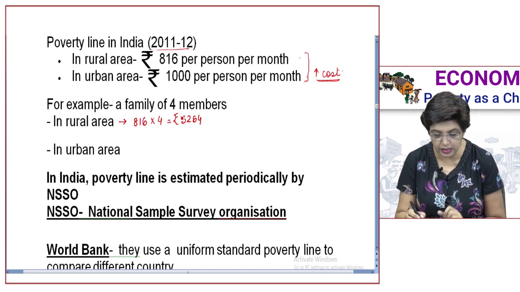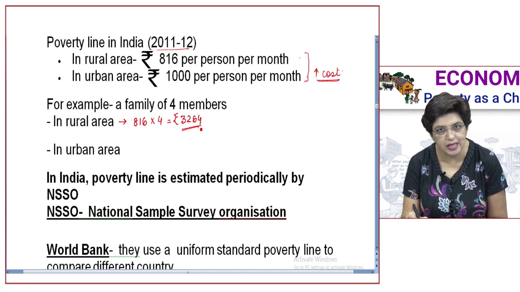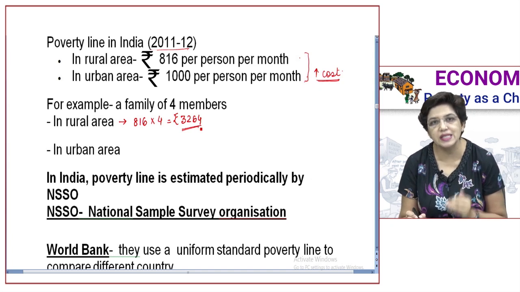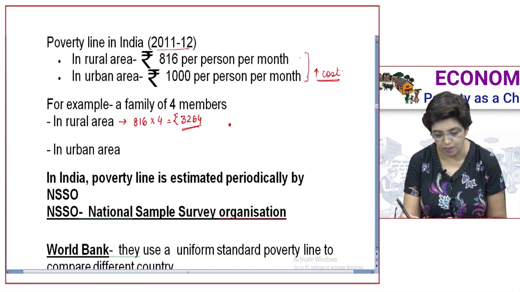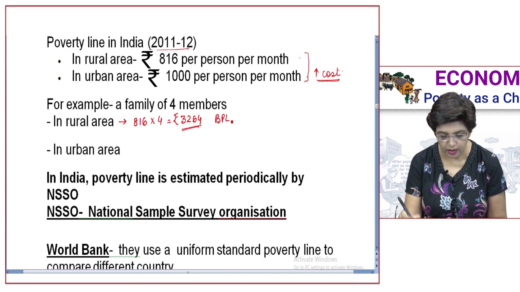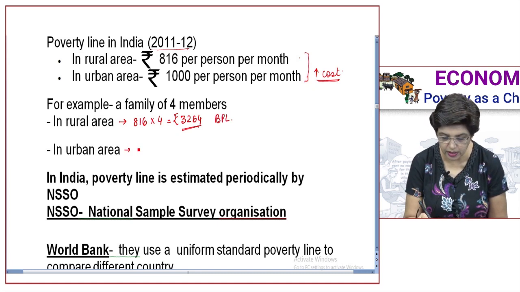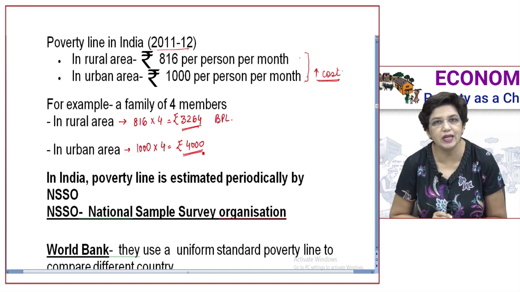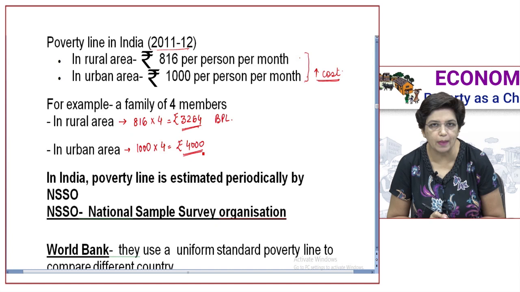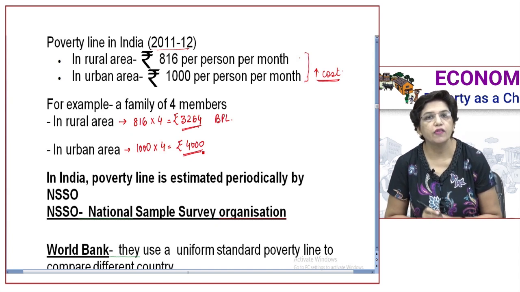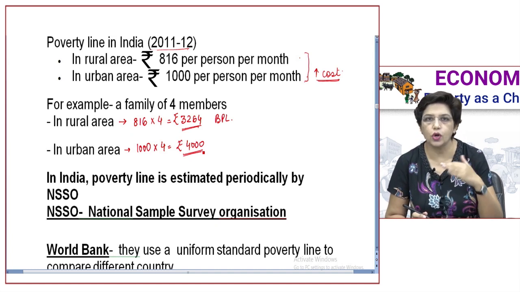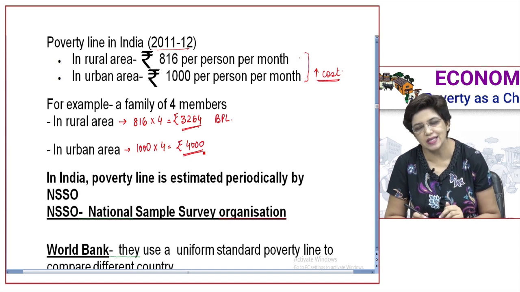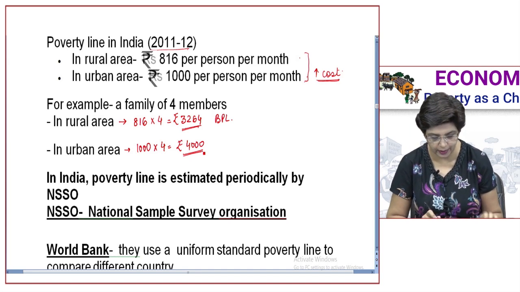If the income per month is less than this, then they are considered below poverty line. On the other hand, in urban areas, it is rupees 1000 per month. If you multiply it with 4, it comes out to be rupees 4000. So in urban areas, if a family as a whole is earning 4000 or more, they are not considered poor. But if the income is less than 4000, they are below poverty line.